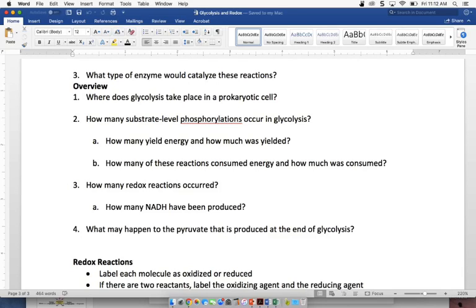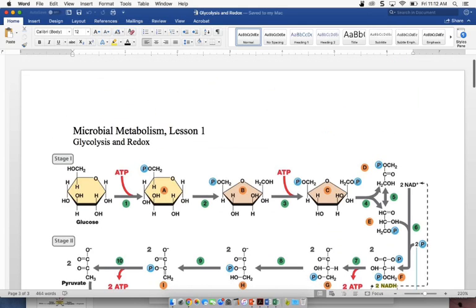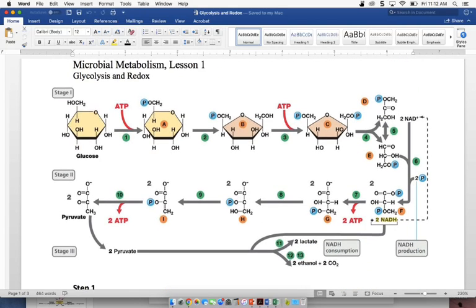So let's go to the top of this here. Here is our process of glycolysis, and in glycolysis we've got a couple of points at which we see substrate level phosphorylation. Typically when we're talking about substrate level phosphorylation, we're talking about which are the steps that help us to gain ATP. But we can look at it both ways. Which steps here involve an ATP either being destroyed or made?